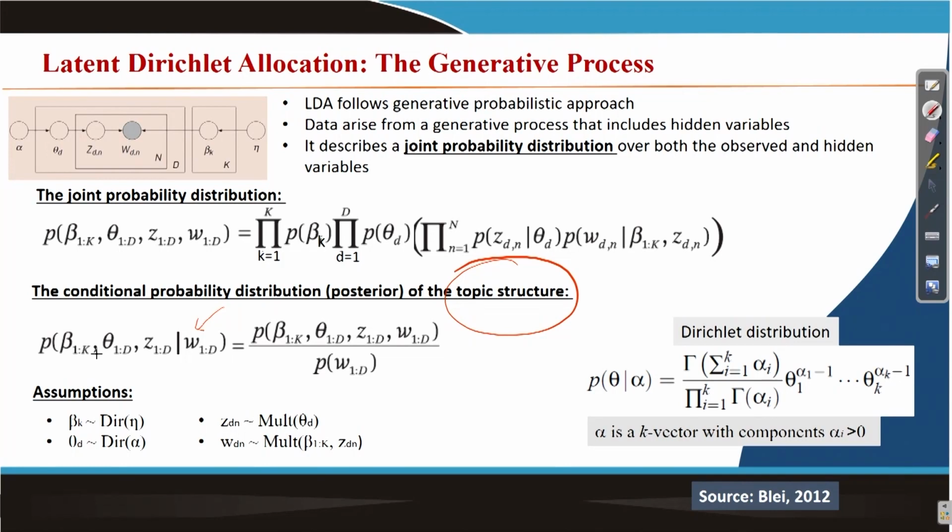That probability structure you are trying to compute. This is the definition of conditional probability, or posterior probability, if you say.